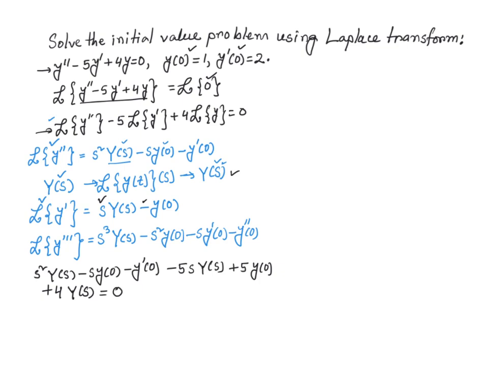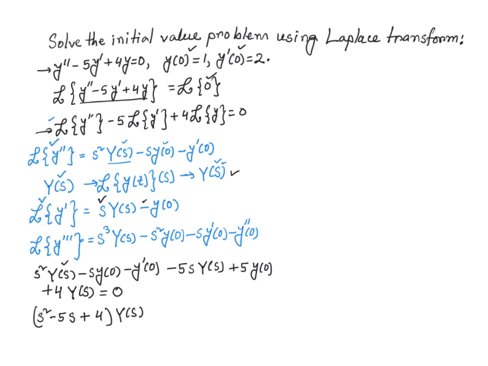Now what I'm going to do is plug in the values. So let's combine all the terms that have y of s in it. So it's going to be s squared minus 5s plus 4, times y of s.